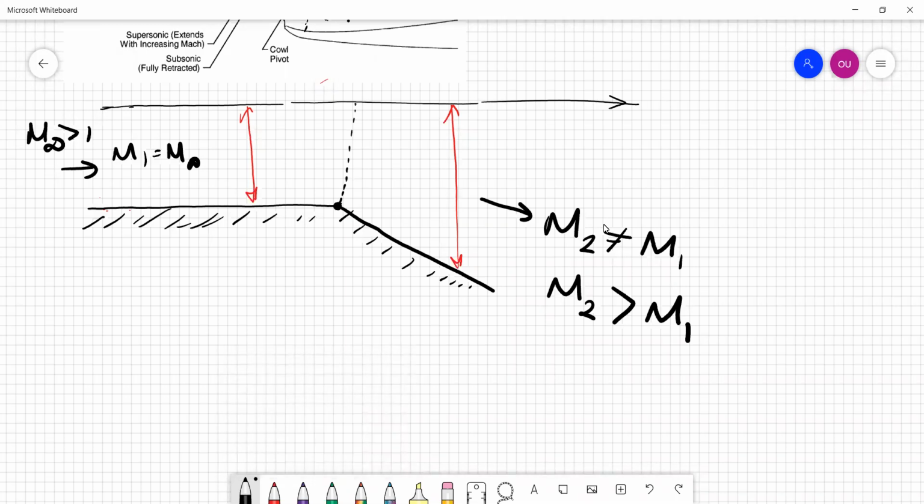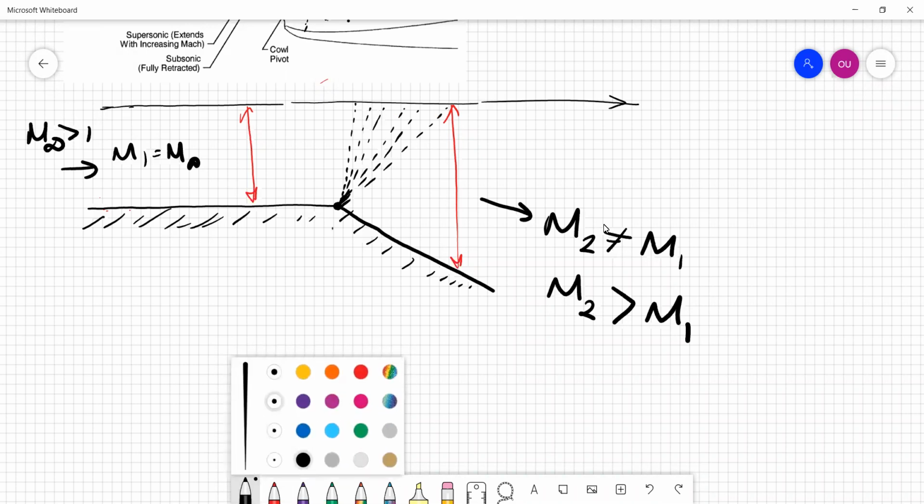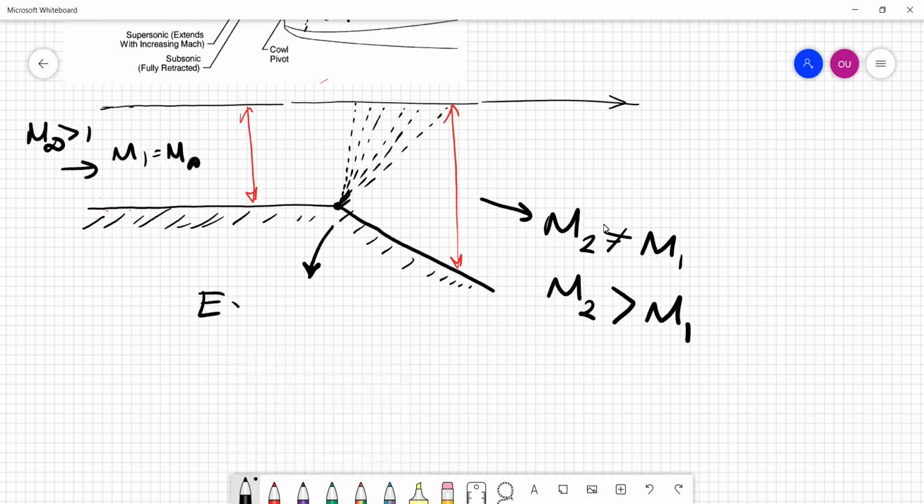These dashed lines could be many waves, one after another. As the flow slowly goes through each and every single one of these waves, it gets accelerated and changes direction. This type of flow pattern in compressible aerodynamics is called an expansion fan.